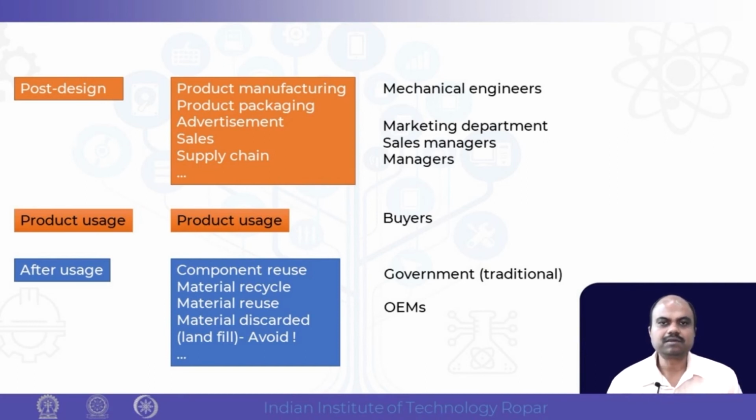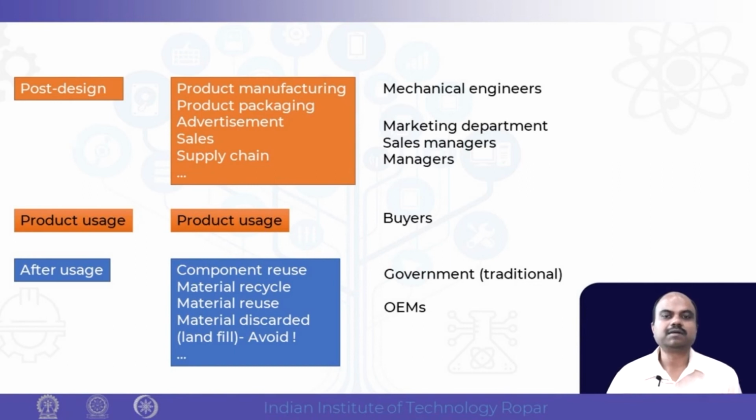Once it is done, we give it to the customer, transportation, and customers buy it and then use it for a certain period of time. After their usage, they are going to either repair it or discard it. The main concern is that all this material should not be wasted. So you should design a product which can be reused or recycled.